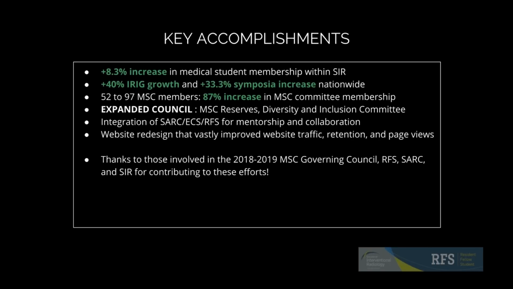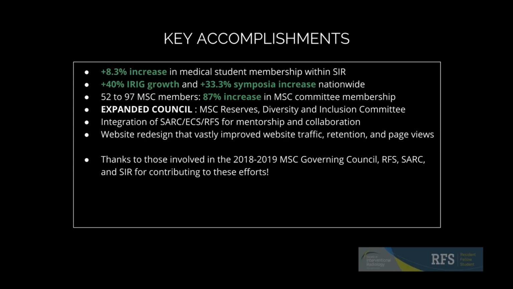In terms of our key accomplishments from the last governing council, we saw an increase in the medical student membership within SIR, as displayed in this graphic right here. We can see that we have continued growth in our medical student membership.